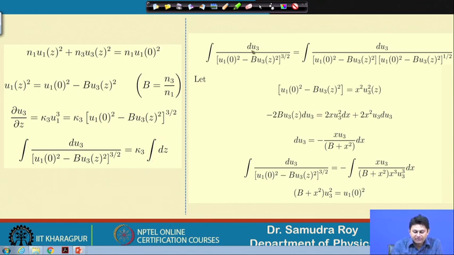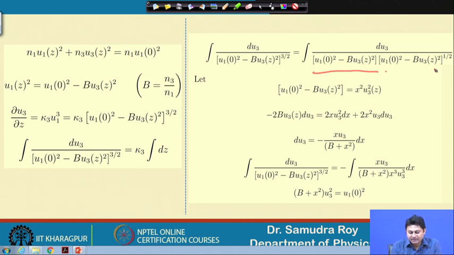So, the solution is here. d u3 divided by u1 0 square minus b u3 square whole to the power 3 by 2. I can write 3 by 2 as 1 plus half, which is the standard way to write this form.